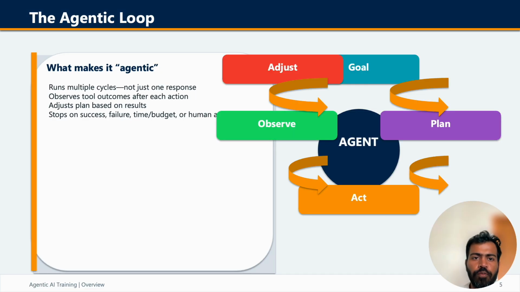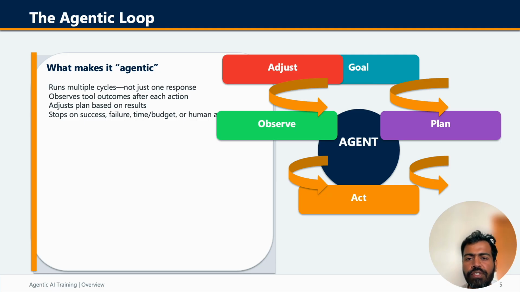The agentic loop. Well, this slide shows the agentic loop. This is the defining feature of agentic systems. This loop is goal, plan, act, observe, adjust, and repeat. And why does this matter? Because real work is not one step. You act, you see the result, and you adapt. The observe step is also a safety feature.